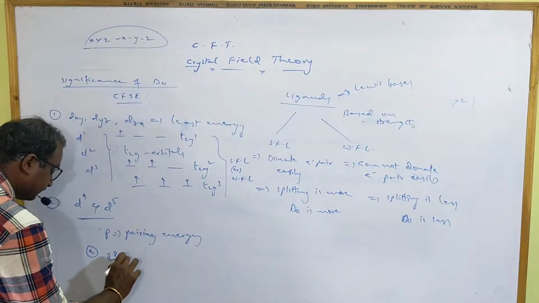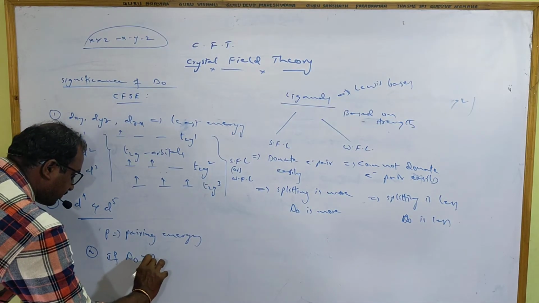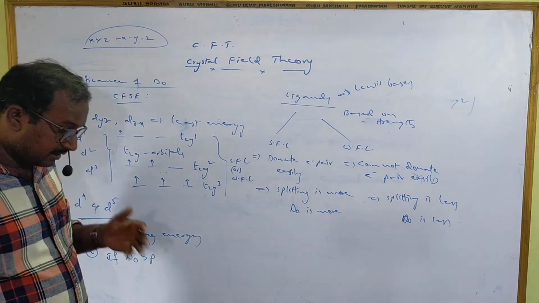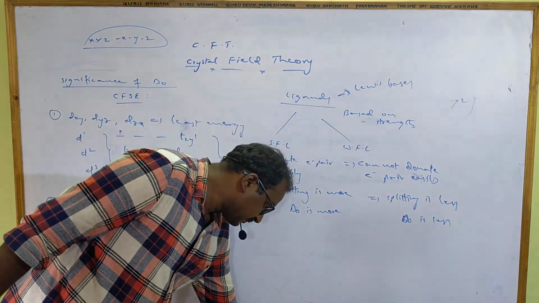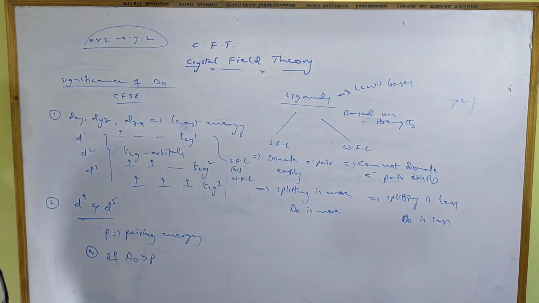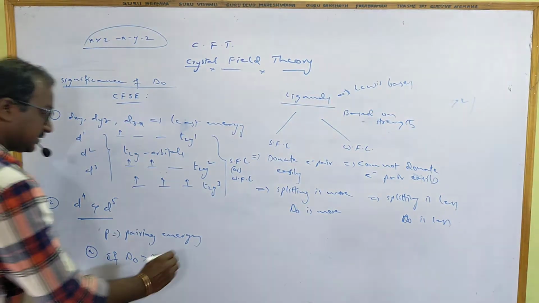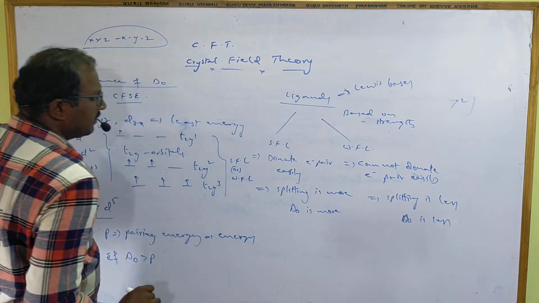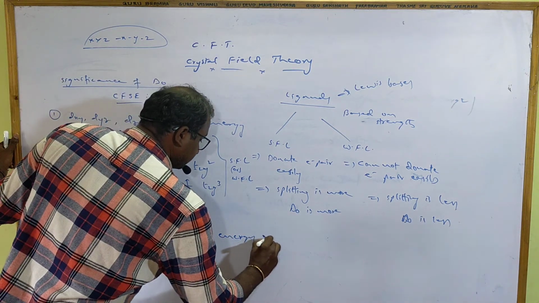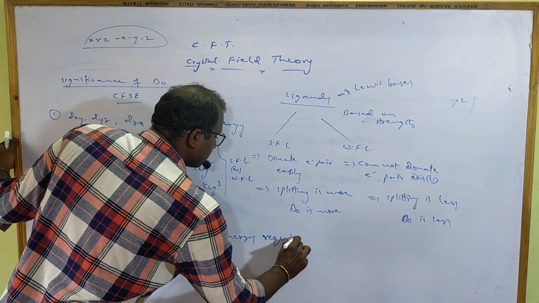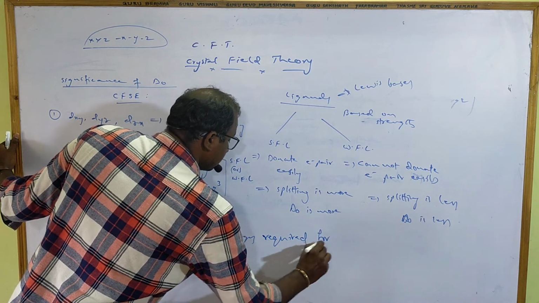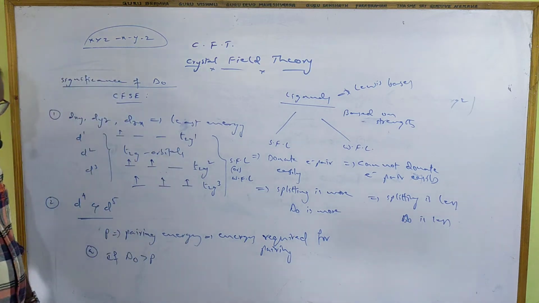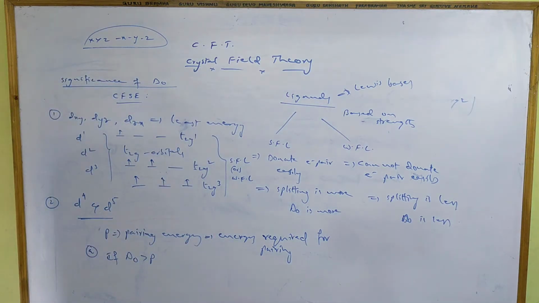If delta O is greater than P, pairing energy means the energy required for pairing of electrons, or electron pairing.